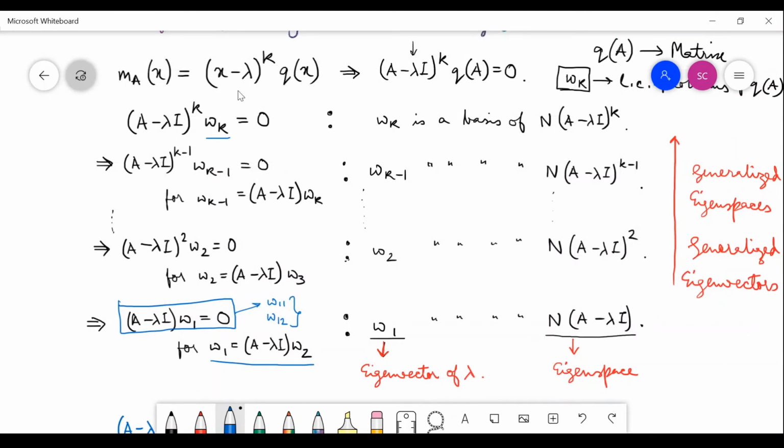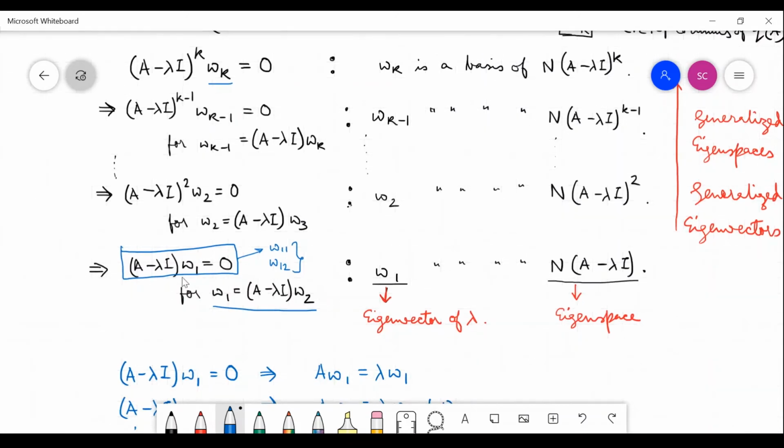From here we started. Since the relationship is like this, I could choose a non-zero omega k which would satisfy it, and even if there is only one such non-zero omega k, working with that omega k, we can come to this omega 1.